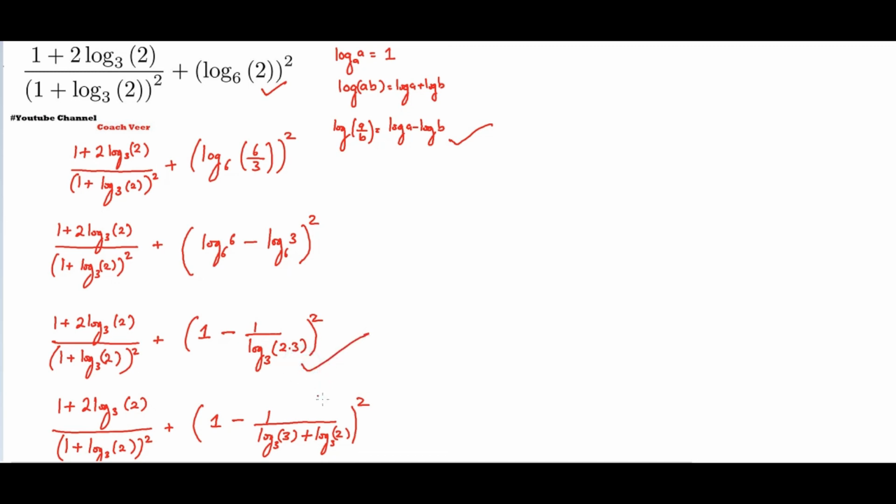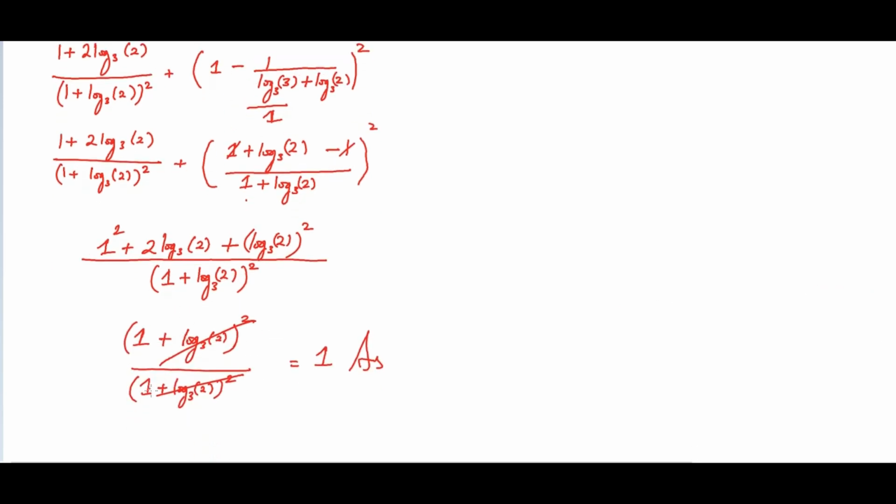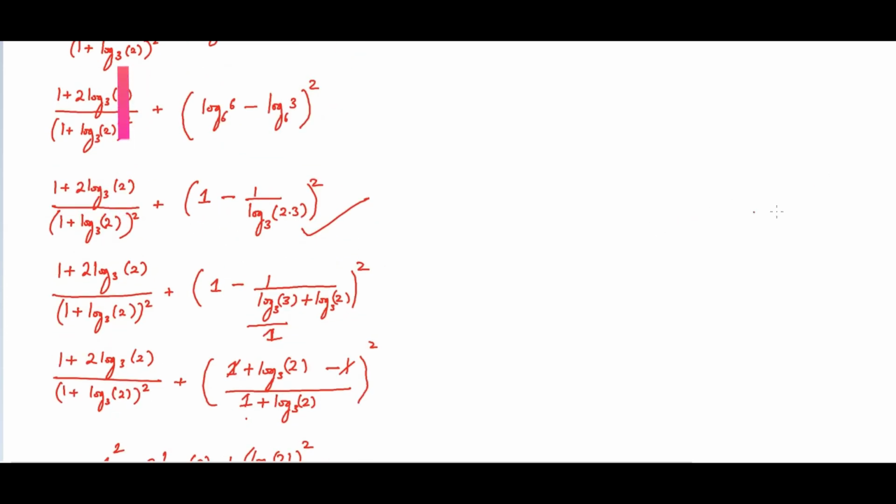Now this 6 is written as 2 into 3 and applied the plus property. Then 3 base 3 is going to become 1, so I put it here 1, and all things like this. Now these both have the same denominator, and we can apply the formula a square plus b square plus 2ab, and the numerator and denominator both are the same. We can cancel that and reach the answer 1.